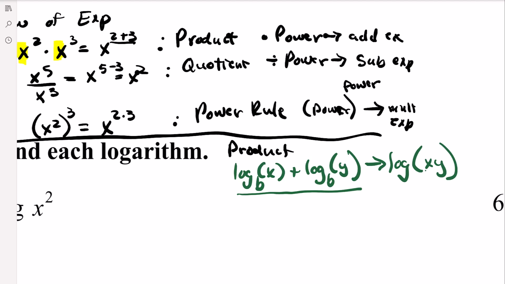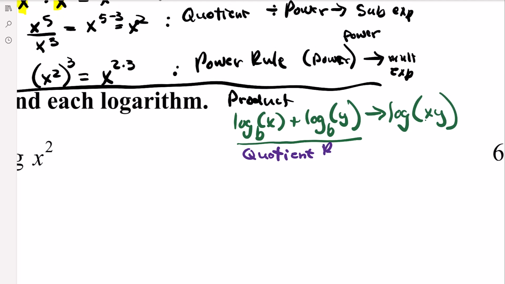So now we're going to do the quotient rule. This is the product rule. So think about this. The opposite of adding is subtracting. The opposite of multiplying is dividing. So when you have log base b of x, subtract log base b of y, opposite of adding, subtracting, the opposite of multiplying is dividing.